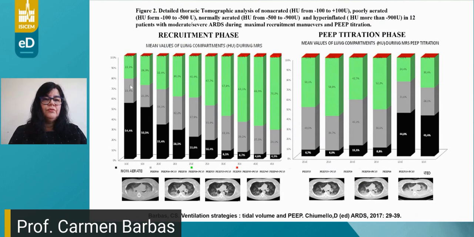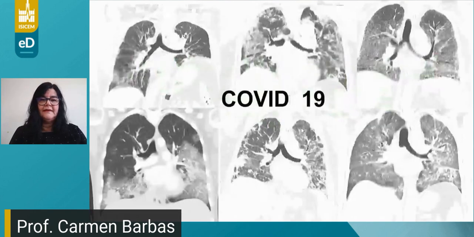Here we show that you can decrease the lung collapse, increasing the normal lung at the tomography, and you have to titrate PEEP to keep the open lung with low atelectasis, and if you decrease the PEEP to 10, you can increase again the atelectasis.